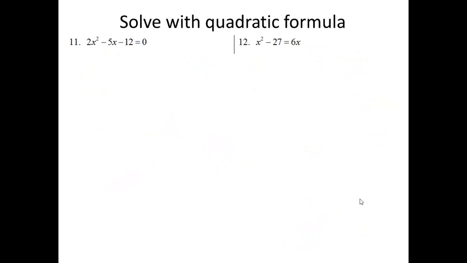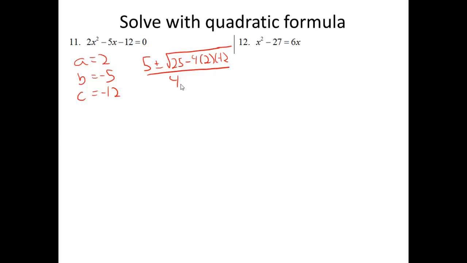All right, marching right along here. We have a is equal to 2, b is equal to negative 5, c is equal to negative 12. So the negative of negative 5 is positive 5 plus or minus the square root of negative 5 squared is 25 minus 4 times 2 times negative 12. This is all over 4.